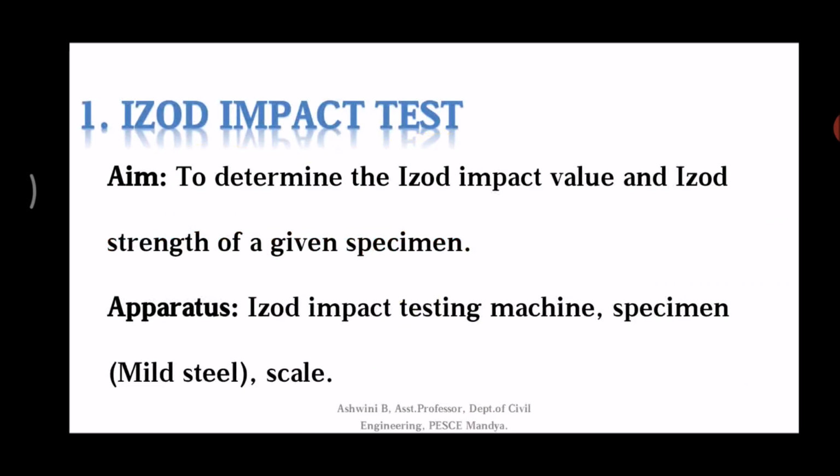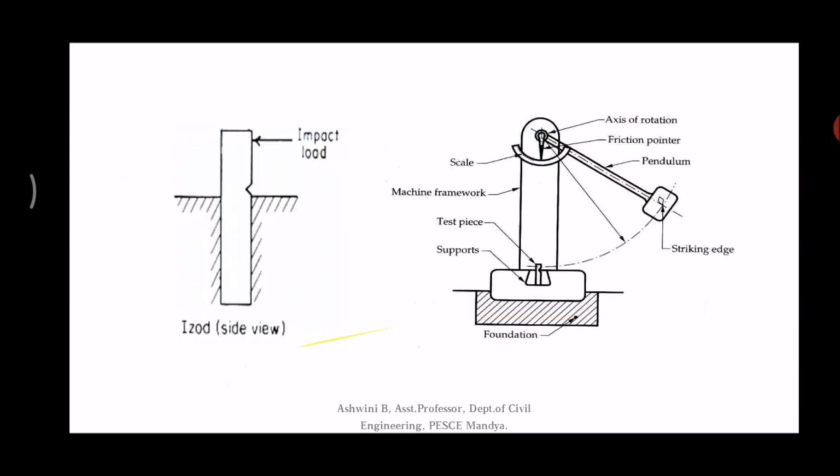The aim of the experiment is to determine impact value, that is Izod impact value and Izod strength of a given specimen. The apparatus required to conduct the experiment are impact testing machine, specimen, that is here we use mild steel, and scale.